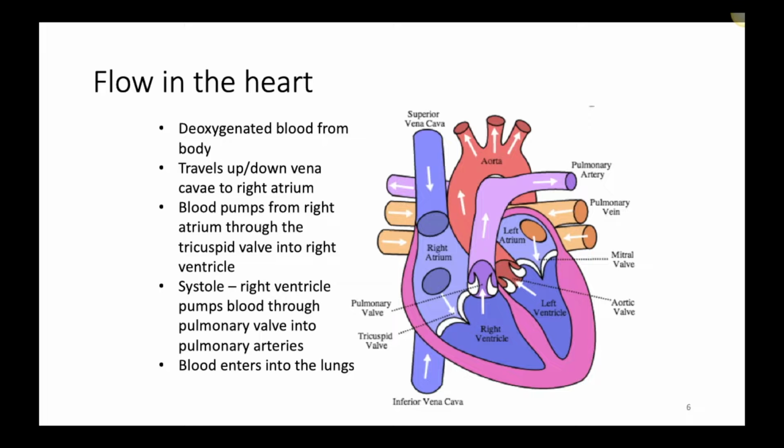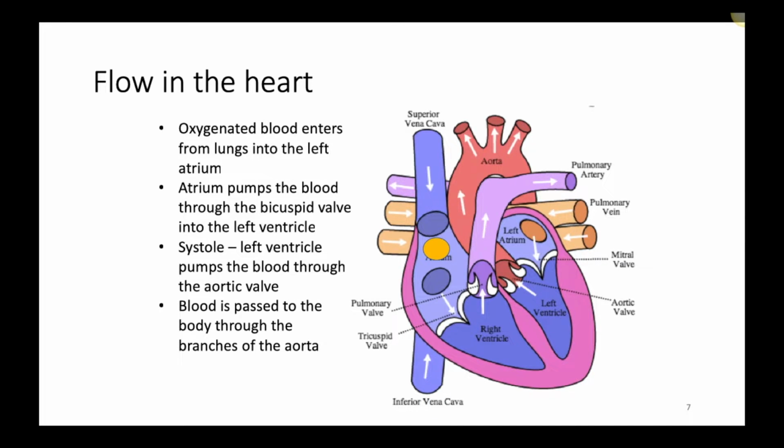So flow in the heart, we talked about this in detail, so definitely have a review of this if you so choose. I will whip through this, but essentially the important part to note where the yellow circle is that in the right atrium is the sinoatrial node, and that is of course the pacemaker for the heart.